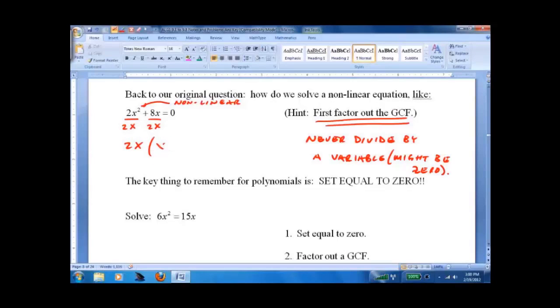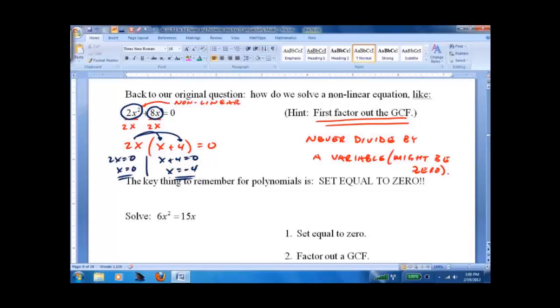What's left is x plus 4. At this point, you're probably saying, what just happened? I don't know. Go backwards then, or go forwards. 2x times x is 2x squared. 2x times 4 is 8x. So all we're doing is breaking it apart. And now we have it where we can set it up. 2x equals 0, x equals 0, x plus 4 equals 0, x equals negative 4.